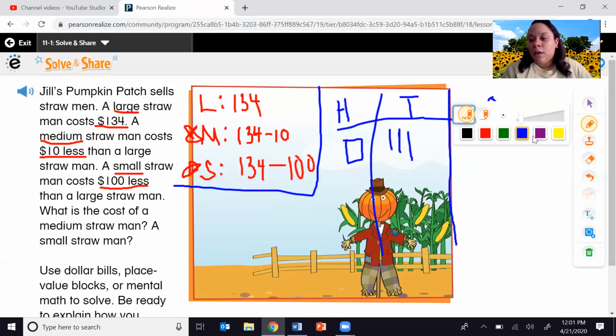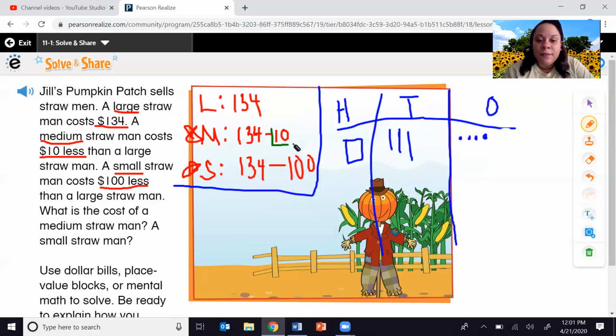So the number 10 is the same thing as 10 ones, but it's also the same thing as one 10. So why would I cross out a 10 and trade it for 10 ones if I'm just going to get the same answer if I just crossed out a 10? Because that's the same thing, subtracting 10.